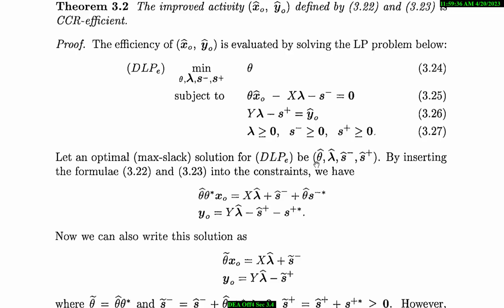So let theta hat, lambda hat, s hat minus and s hat plus be an optimal or max slack solution of this model DLPE.